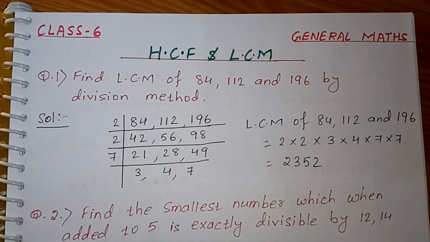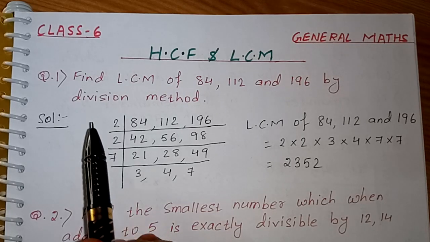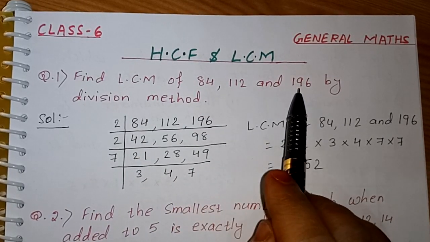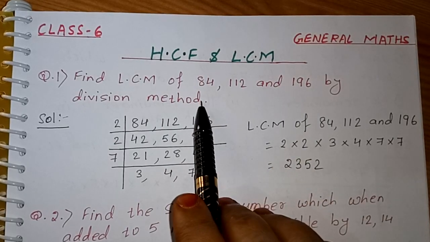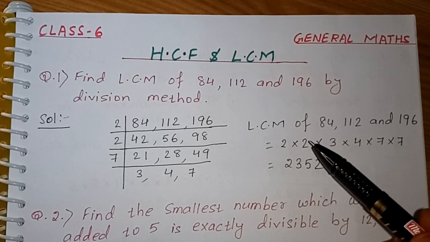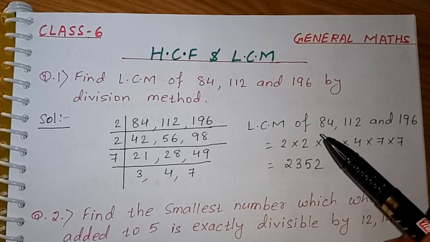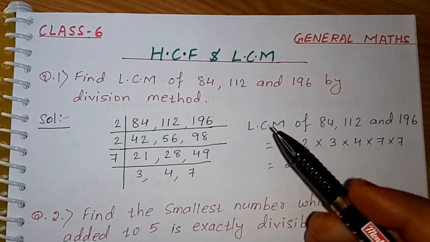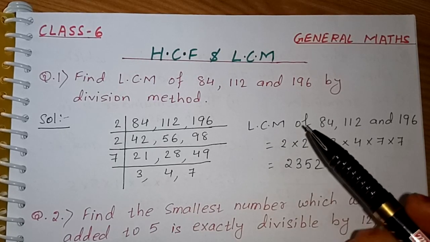So question number 1, children, the first question is: find LCM of 84, 112 and 196 by division method. One more thing I want to say, children: suppose in the exam the method is not mentioned, prime factorization method or division method, then you can use any method which you like.